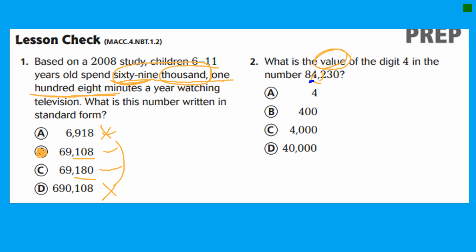So the 4 is in, let's do your place values, ones, tens, hundreds, thousands. So what is that 4 worth? 4 thousands. All right. I'm going to do a couple more so you can pause if you want to catch up.